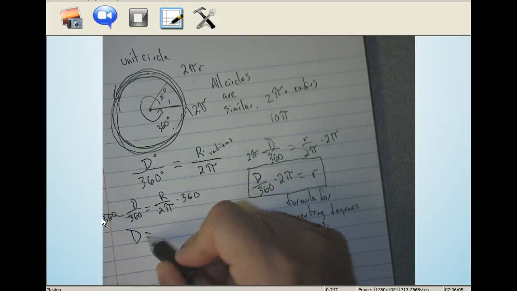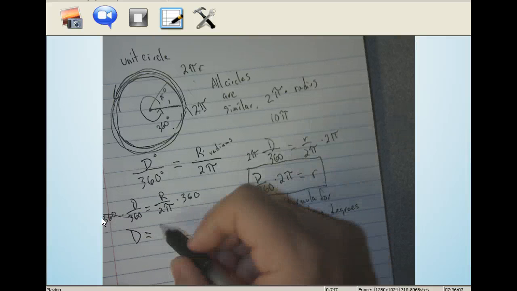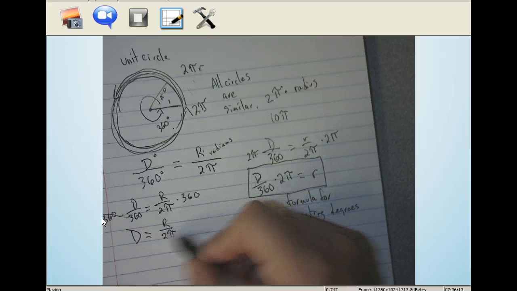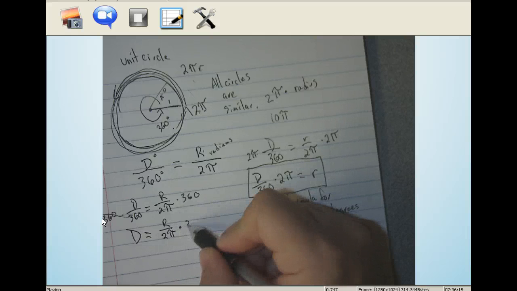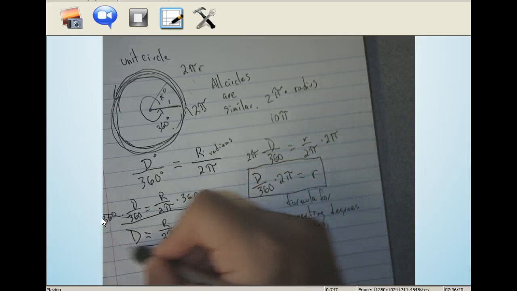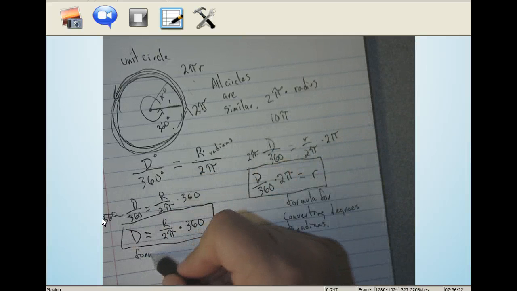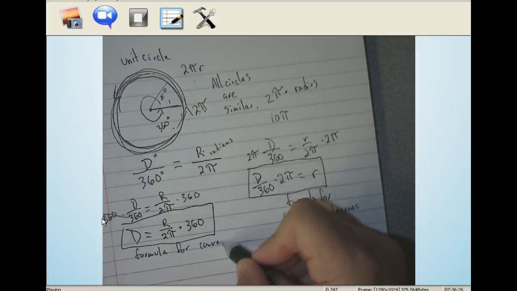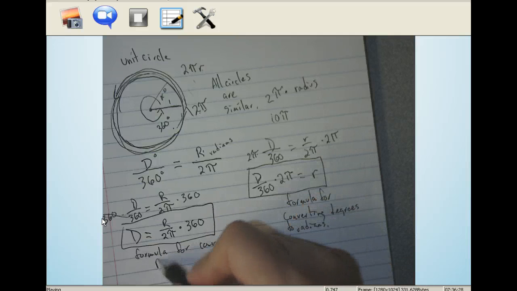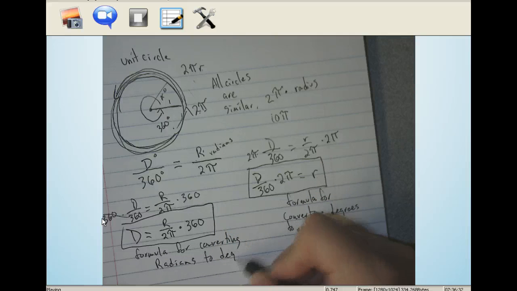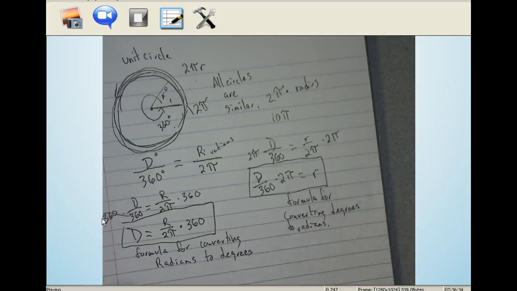The number of degrees we're talking about is equal to r over 2 pi, so I'd enter however many radians it is, divided by 2 pi, times 360. So that's my formula for converting radians to degrees.